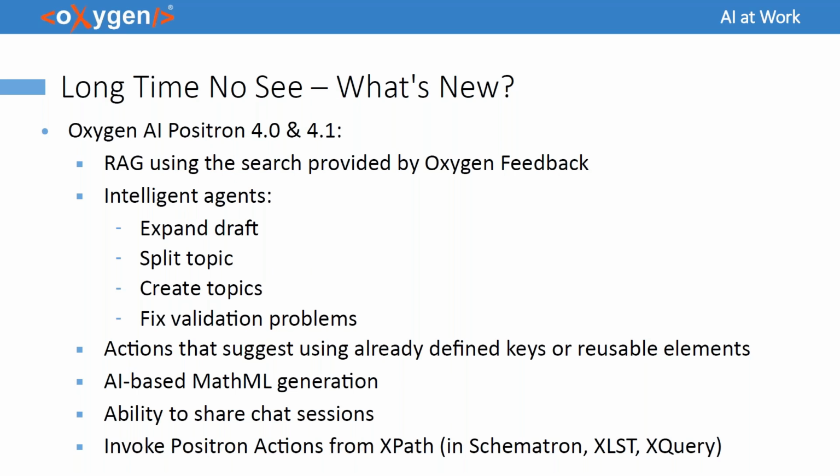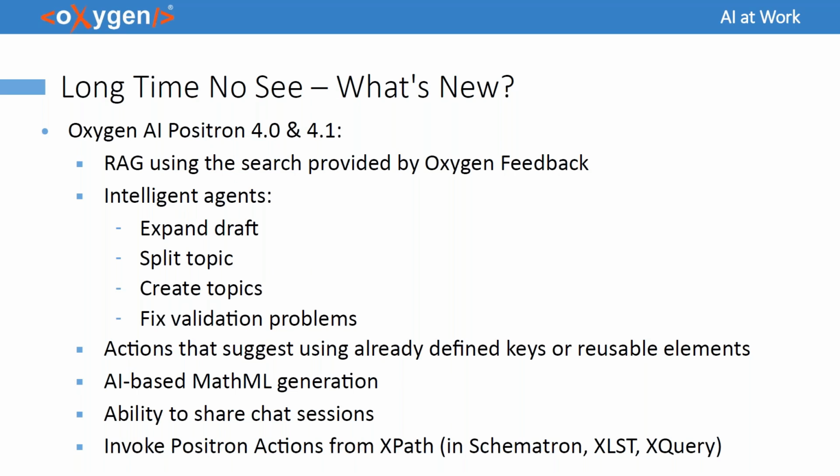That's exactly what we did. So we kept our promise. Then we added a new category of actions called intelligent agents. And here you can find actions such as expand draft, create topics, fix validation problems, and we will see, I think, all of them in today's demo.